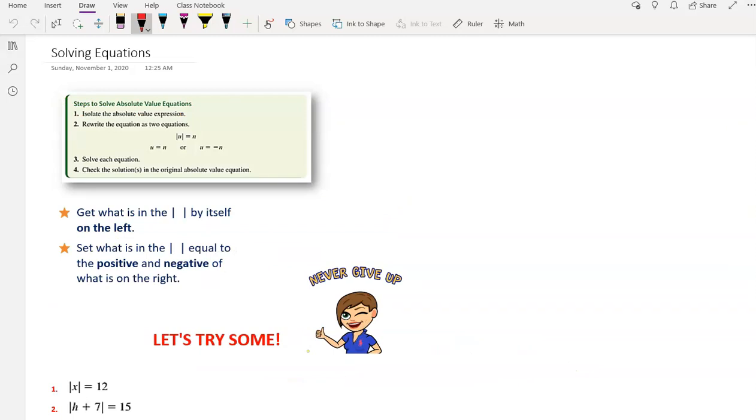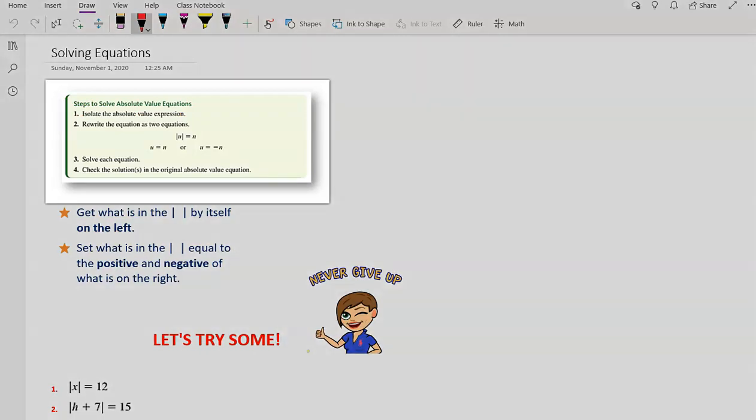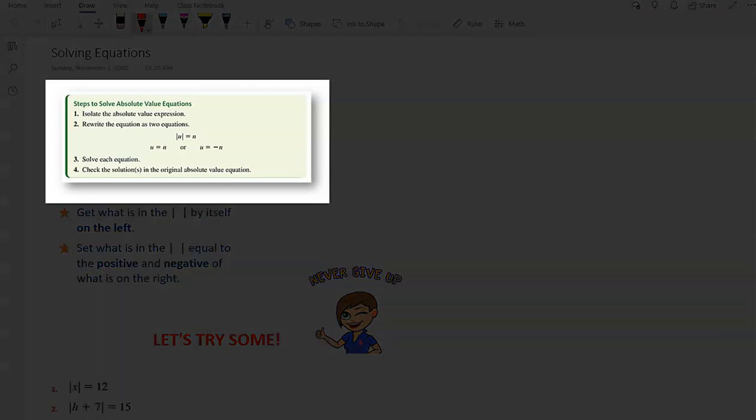Okay, so now we're going to be solving equations. When you solve absolute value equations, first of all, you isolate the absolute value expression, and then you rewrite it into two equations. You take what is inside the bars and set it equal to the positive, then set it equal to the negative.